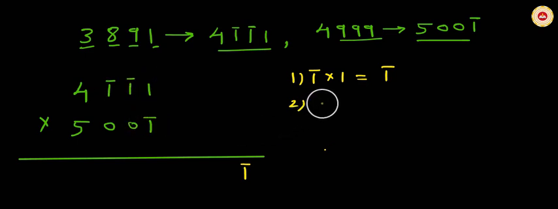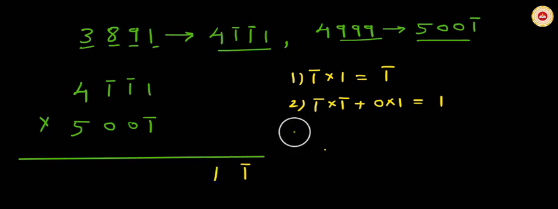So minus 1 multiplied by minus 1, plus 0 multiplied by 1, which is equal to plus 1. See, this term is 0, minus 1 multiplied by minus 1 is 1. So write 1. Step number 3, join the third column to the previous two columns.